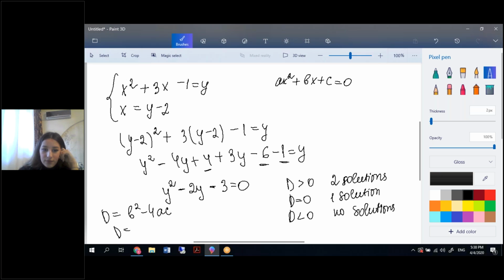And here it is minus 2 squared, 4, minus, but here minus 3, plus 4 multiplied by 3, so we get 16. Our discriminant is more than 0, it means that our system of equations has two real solutions.